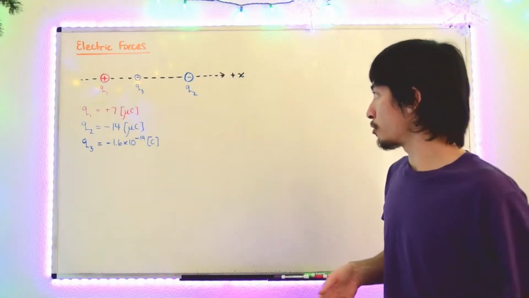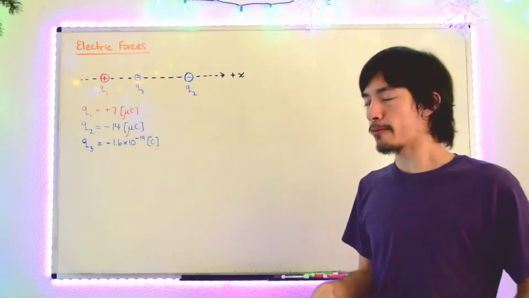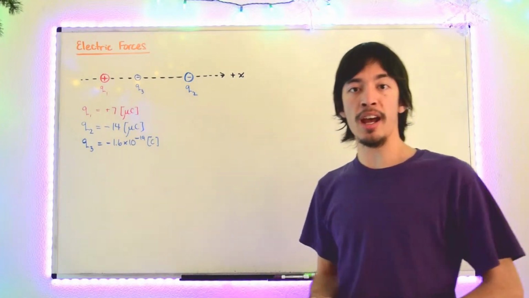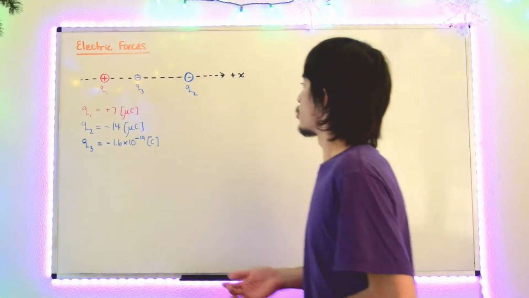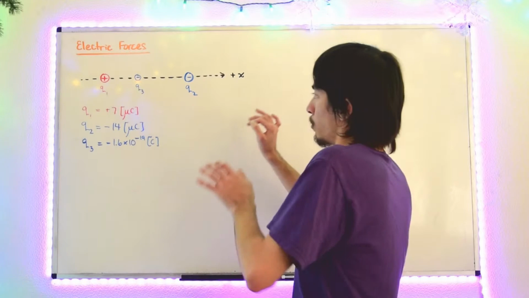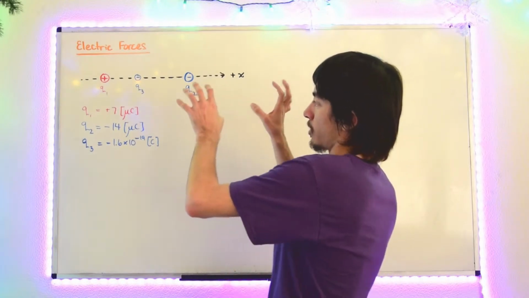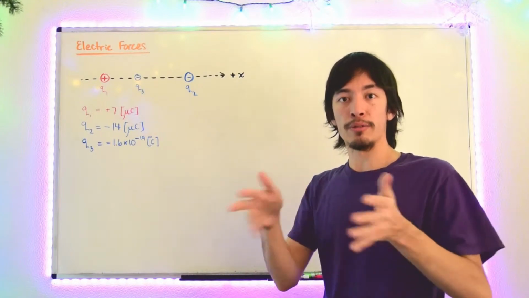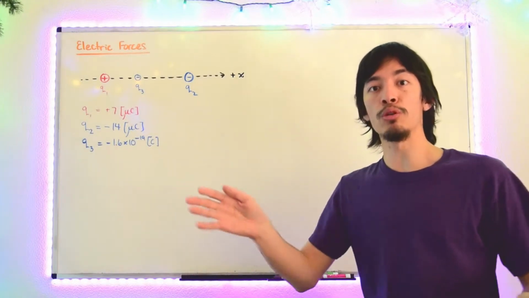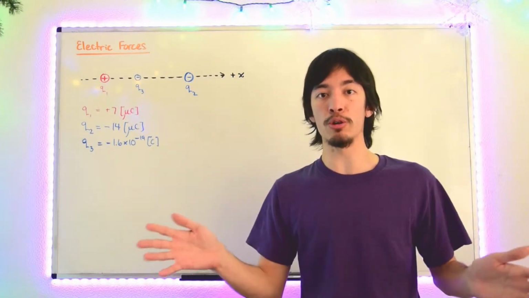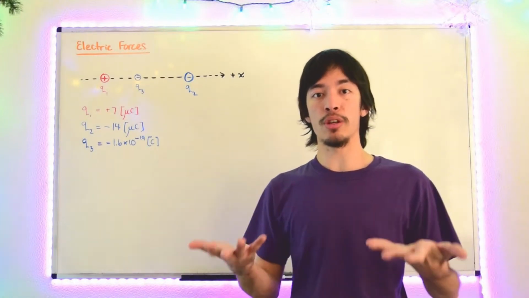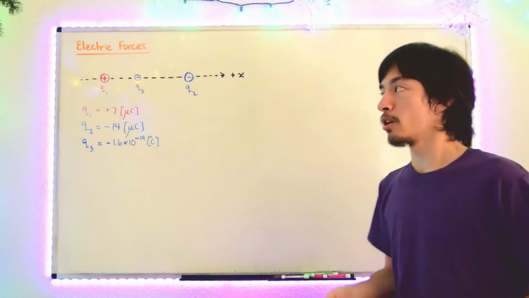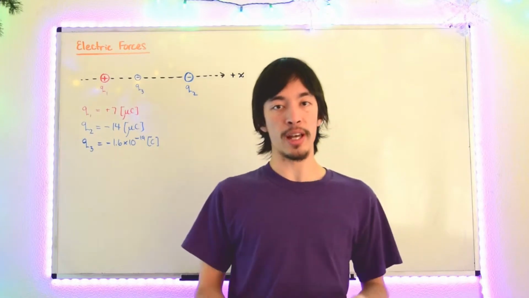So let's count up the number of forces that are acting on it and what direction they point. Every single pair of two charges will experience attraction or repulsion and follow Coulomb's law. Coulomb's law will work for two charges at a time.